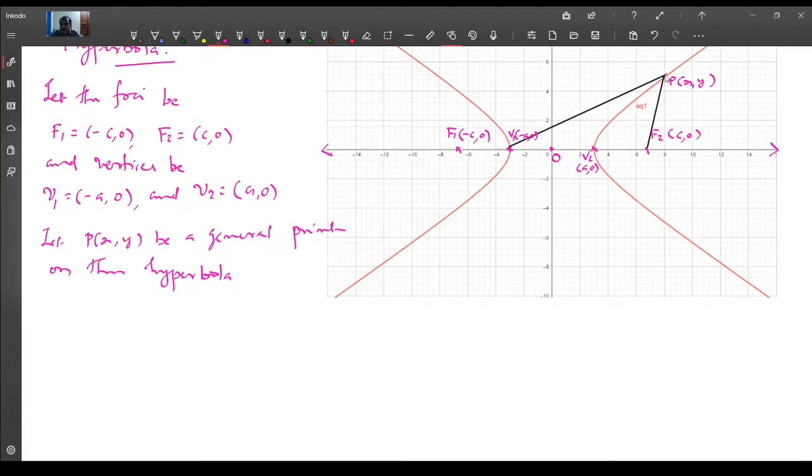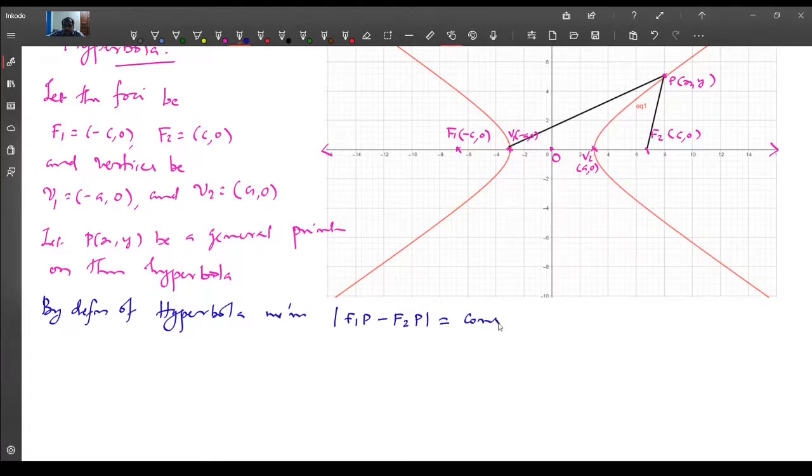This is the point P(x, y). Now by the definition of hyperbola, the difference of the distances from P to F1 and P to F2 is a constant. That is, the absolute value of F1P minus F2P is a constant. Now we have to find that constant. For that, consider P to be the point V2.